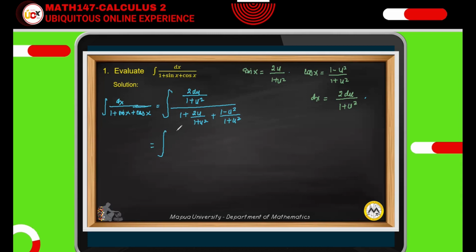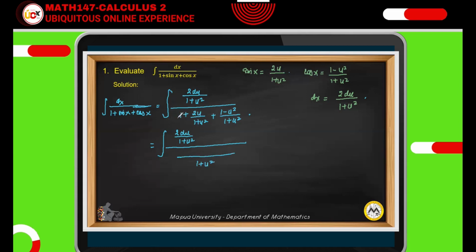We have 2 times the differential of u over 1 plus u squared, and we can simplify the denominator by getting the common denominator, which is 1 plus u squared.